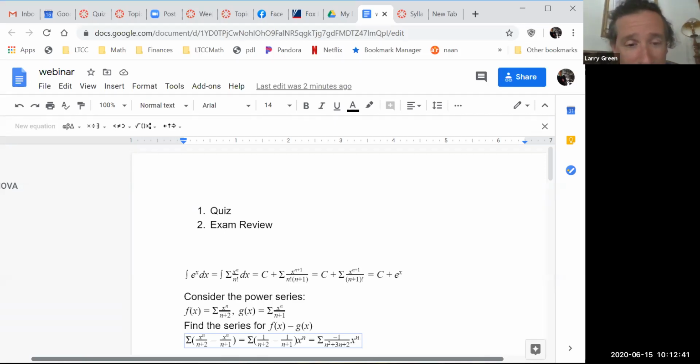On the other hand, if you look at the f or you look at the g, they both diverge at x equals 1. Do you see that? And why do they diverge? This is a good review.